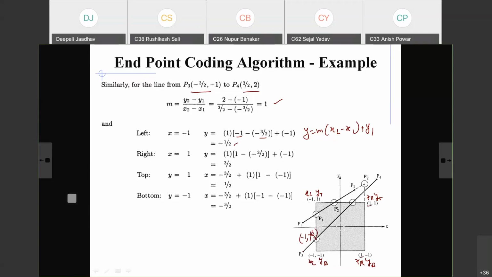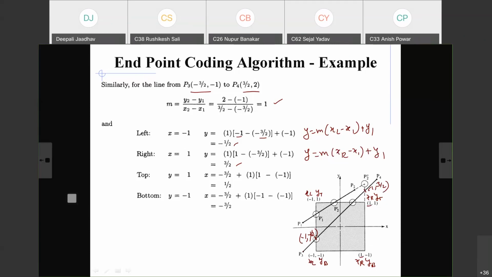So next, y is equal to, putting the same, only instead of L we use R: m times (xr minus x1) plus y1. So we will get the result 3 by 2. So on the right-hand side, x is equal to 1, and you can observe y is 3 by 2.